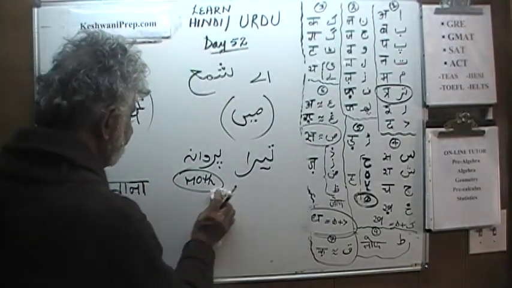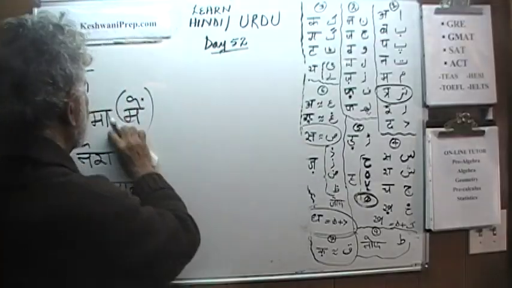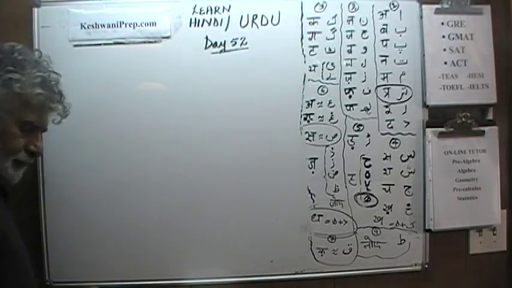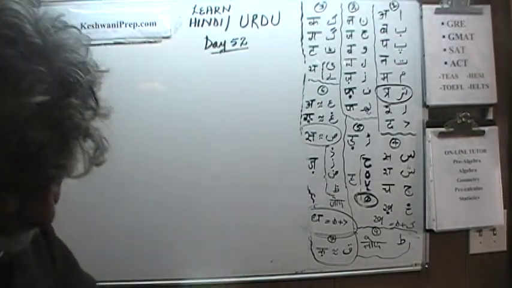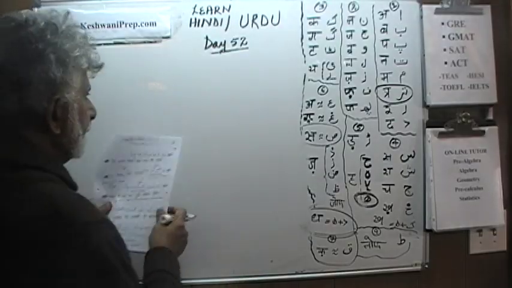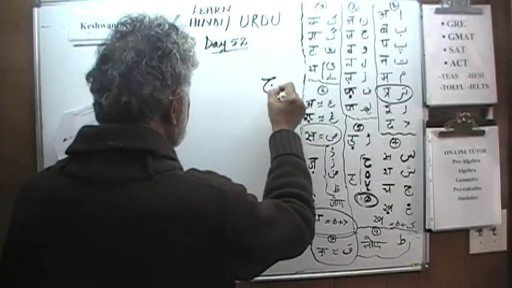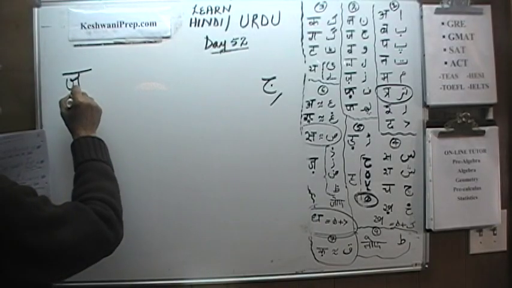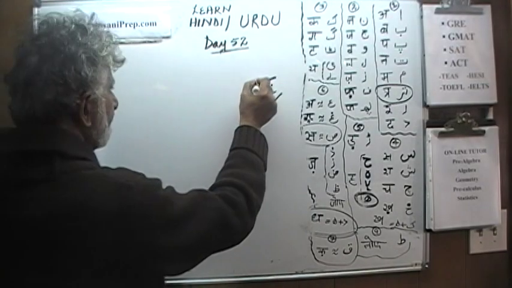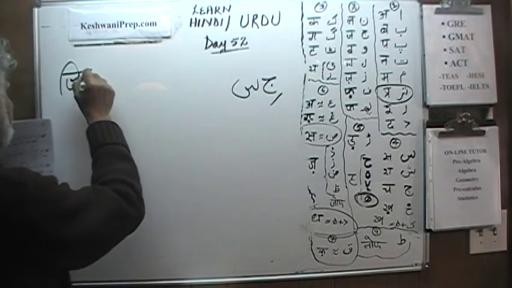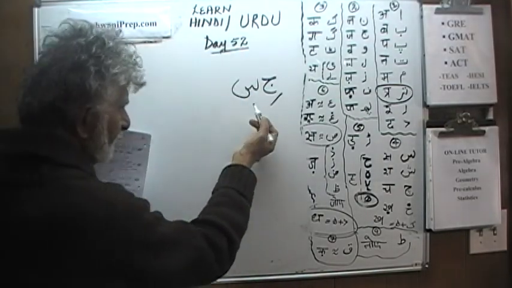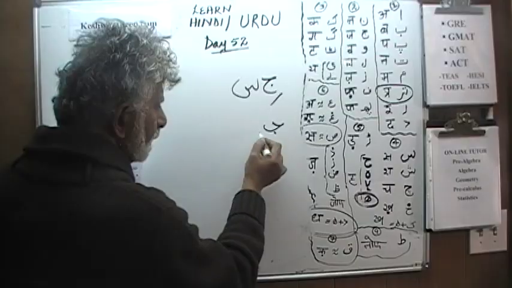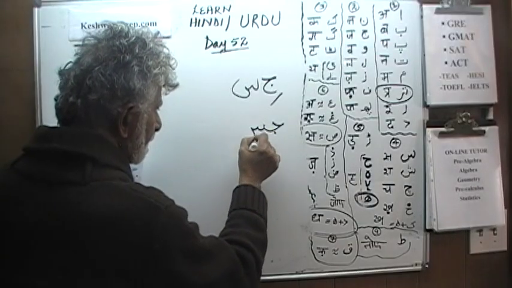Let's do the next line. Ja, which is the choti i ki matra, and then a sin. When ja joins, it takes this shape, to which we're going to join the sin like this.